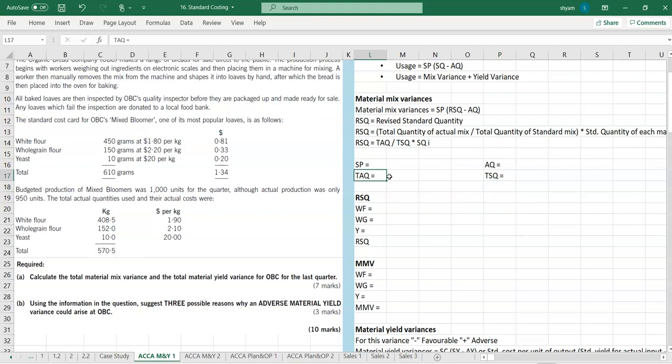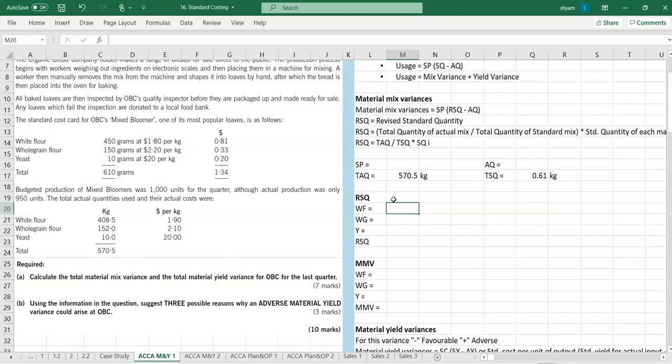So total actual quantity that we have used is 570.5 kg, and the total standard quantity for per bread is 610 grams. So 0.61 kg. This is also kg only. Okay, so 0.61 kg is per bread. So what we are trying to find out is a revised standard quantity.